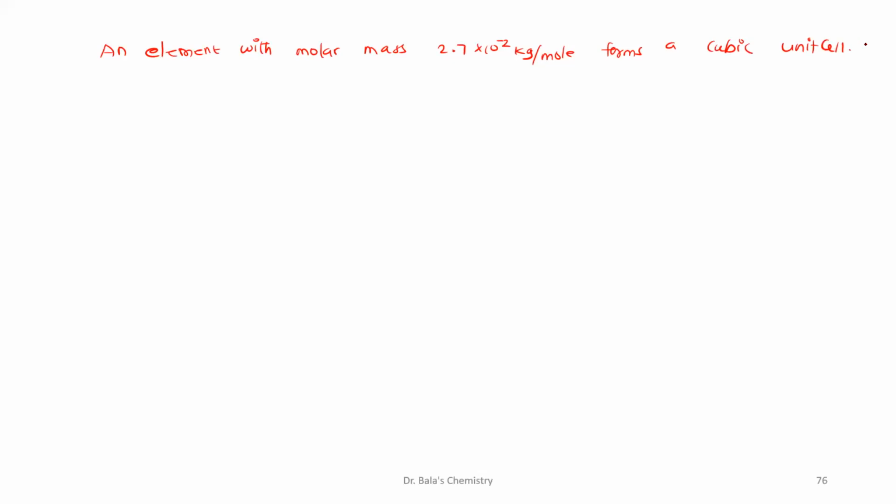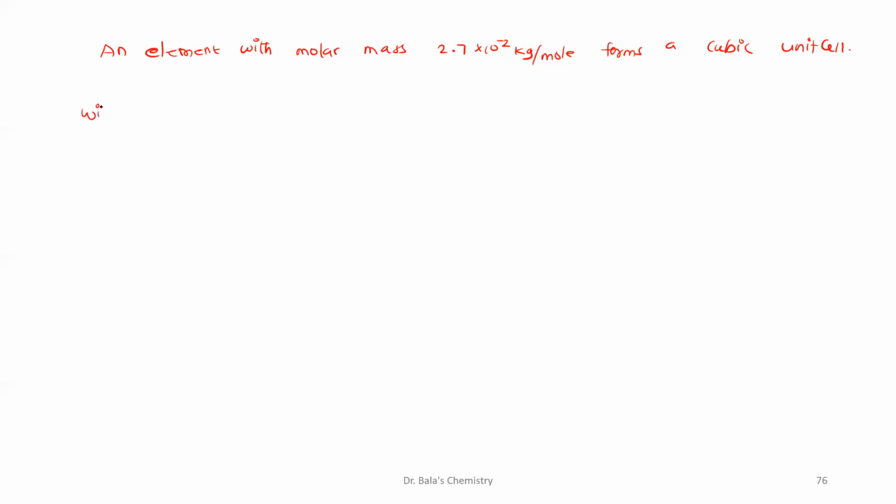They are not mentioning whether it is simple cubic or body centered cubic or face centered cubic. They are not even giving a structure, whether it is simple cubic or BCC or HCP or CCP. They give it simply as a cubic unit cell.